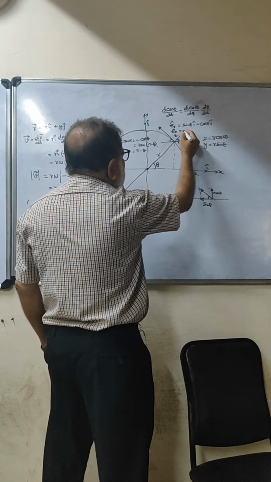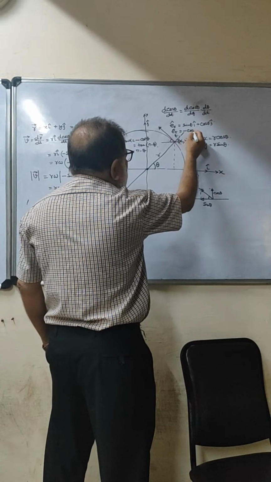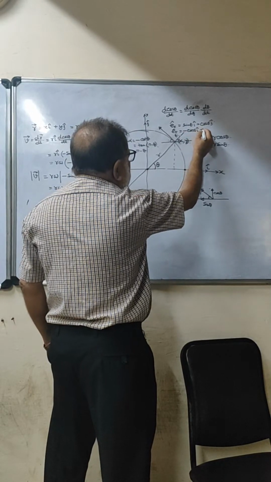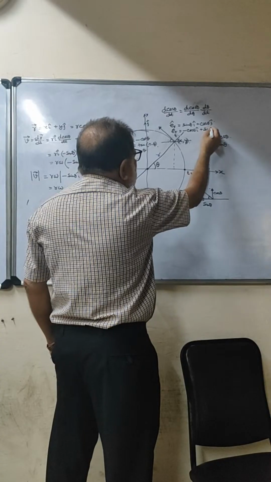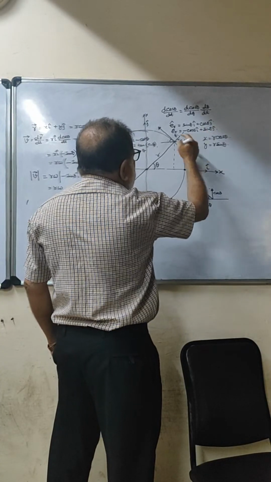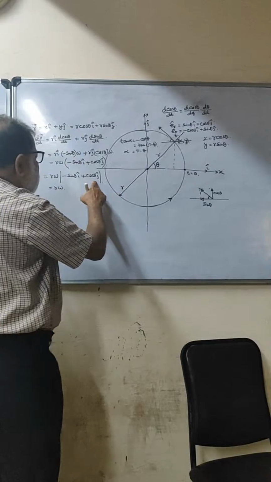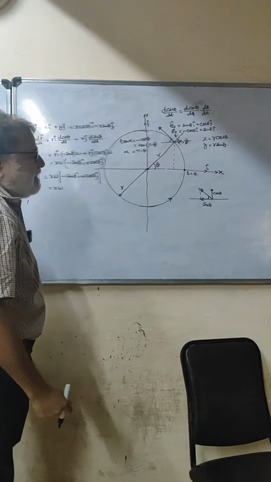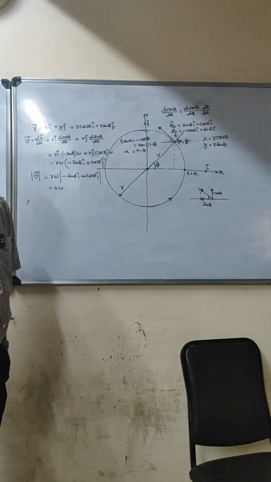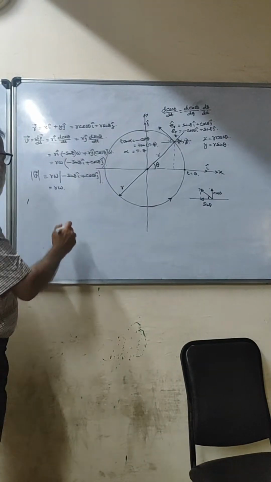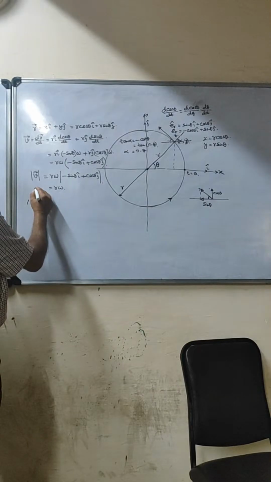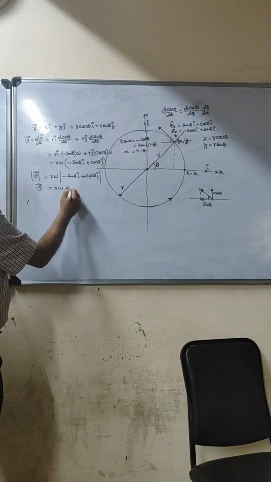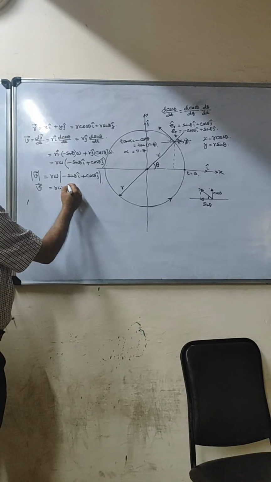You can check, it will be minus cos theta i hat plus sin theta j hat. This unit vector is nothing but its direction is along the tangent, right? So we can write v bar is equal to r omega e t hat.